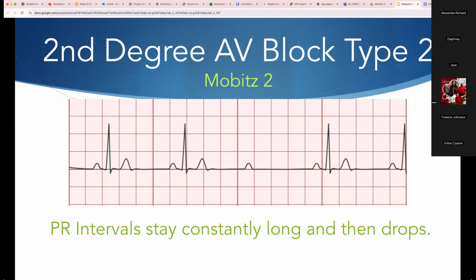You're missing a QRS, but the PR intervals get longer before it drops. Second degree type 2, they stay the same length, 6 boxes, 6 boxes, 6 boxes, QRS drops. So let me give you a moment to let that marinate, and then I want to ask you a question.